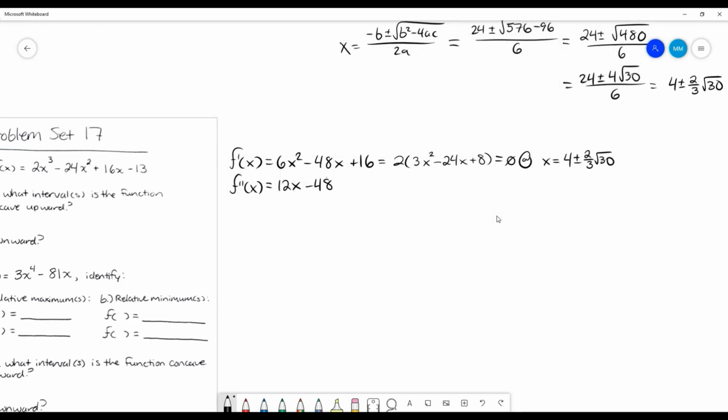And honestly, we could try and figure out about how big that's going to be, but I'm just going to use the calculator to see what those look like. Okay, so for minus this, oops.